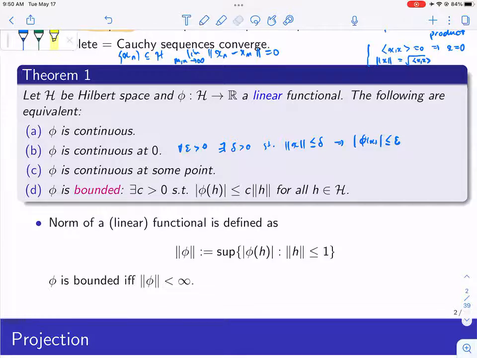And the vice versa is not that obvious. So if it's continuous at 0, then you would get that it's bounded. So being bounded and being continuous are basically the same for a linear functional. And so you're going to use them interchangeably. Okay.